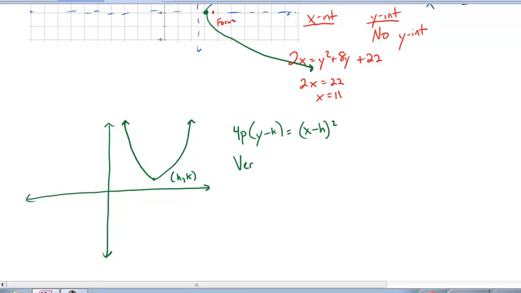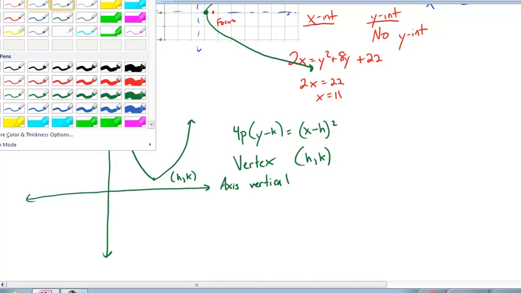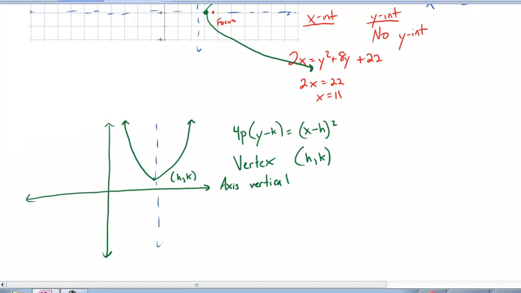The vertex is the easiest of the three to find, as h comma k. And in the case where our axis is vertical, right, so our axis is vertical in this case, as we can see here. There's a vertical axis. We know that the focus is going to be on the same axis as the vertex. It's got to be just a certain amount above. How much farther? Well, the focus is p units away from the vertex.